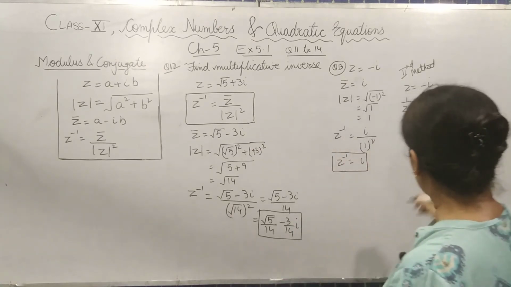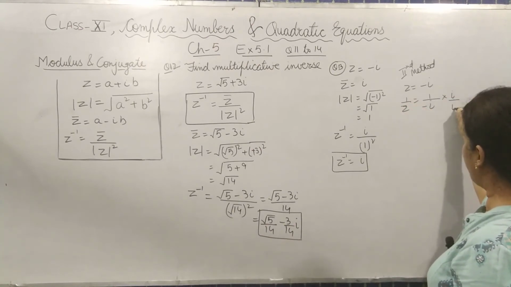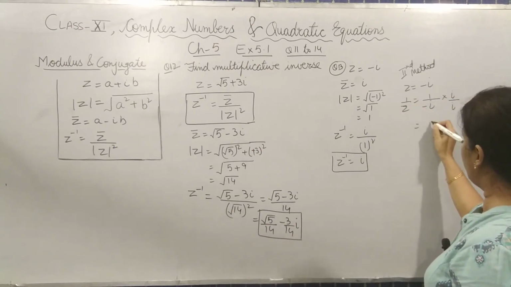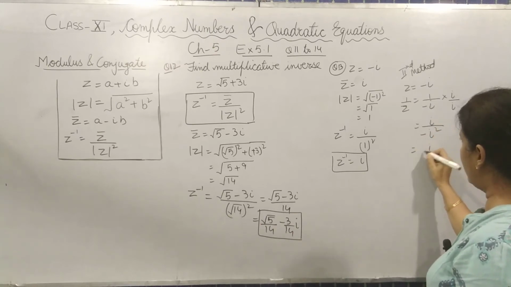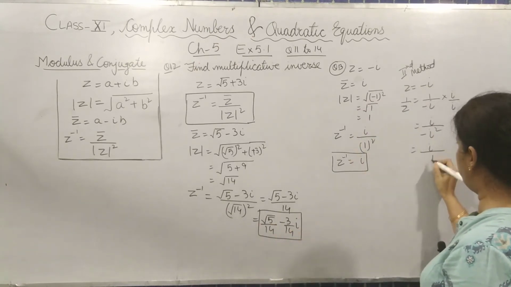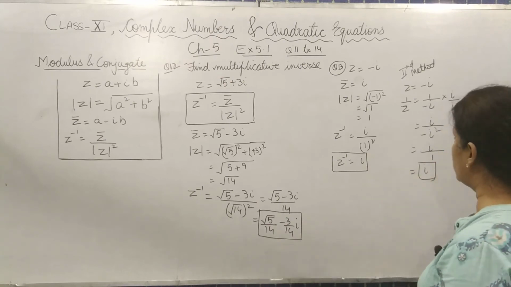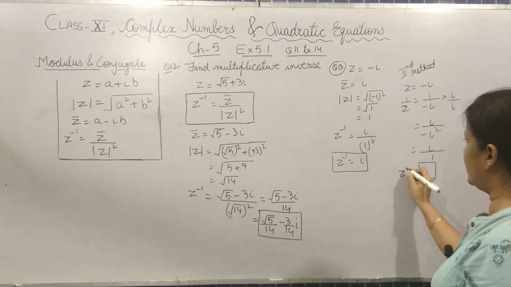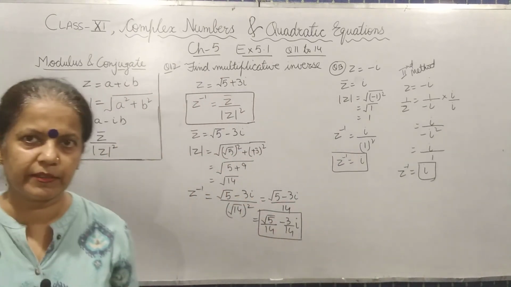Now multiply it with iota, so it will become iota upon minus iota square. I square is minus 1, so minus 1 becomes positive. So you will get the same answer for Z inverse. With both ways you will get the same answer.